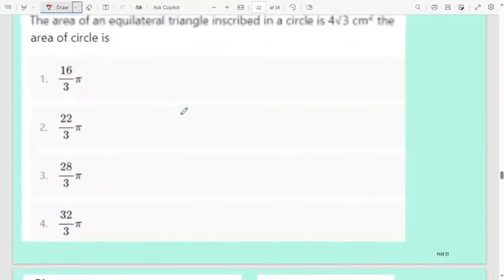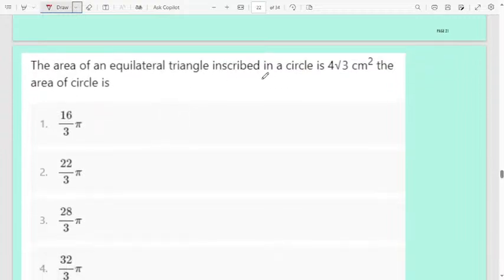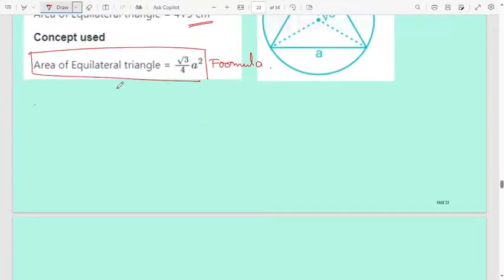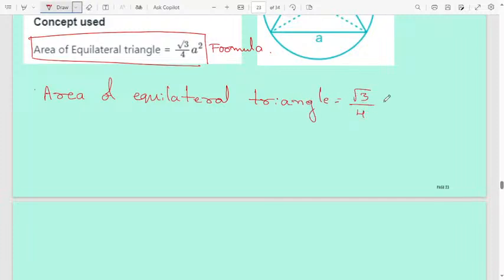Then what you have to calculate here is the area of the circle in which it is inscribed. Then area of equilateral triangle, what is the formula? Formula is root 3 by 4 a square.